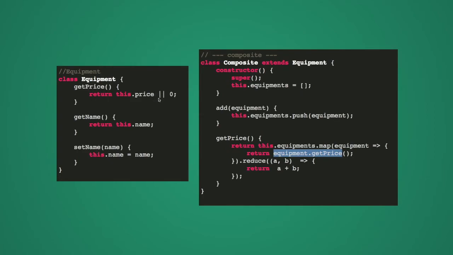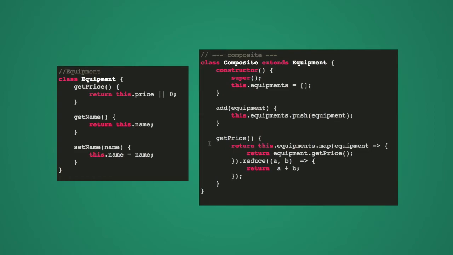Yeah, I see. The equipment's map makes it tricky. By the way, your getPrice could be more simple, isn't it? If you add the price of equipment A plus price of equipment B, you can remove the map function. But the map function doesn't give you the individual equipments.